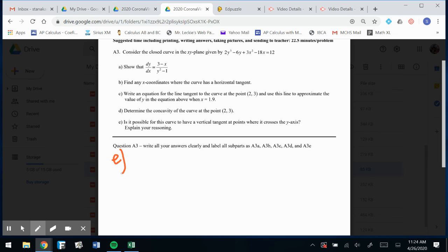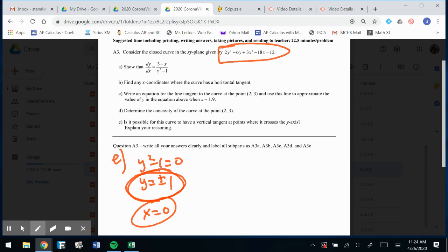I know my vertical tangents have to occur when the bottom is equal to 0, which would be at y equals plus or minus 1. Okay, and then it also would have to be when x is equal to 0. So let's go ahead and find out where the vertical tangents are, and let's find out what those x coordinates would be. Okay, and how do I find out what the x coordinates would be?